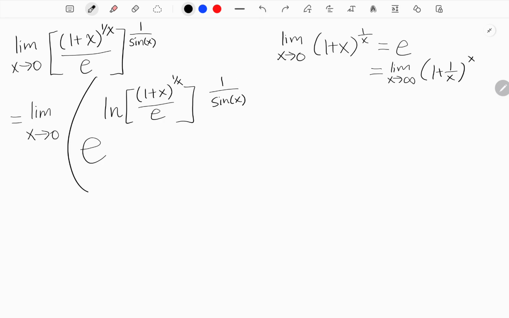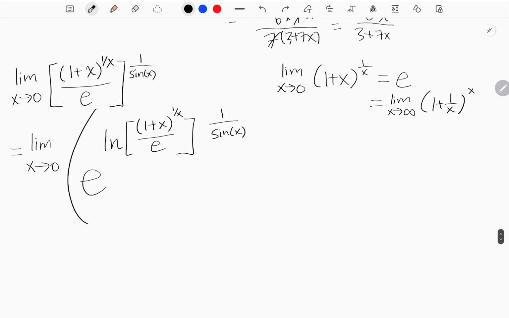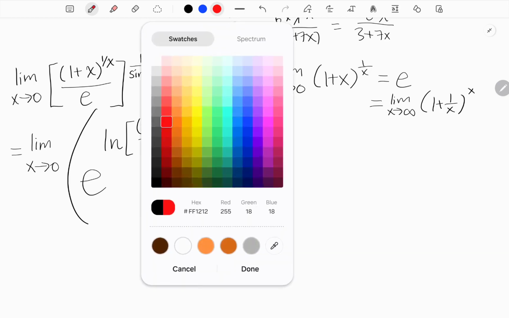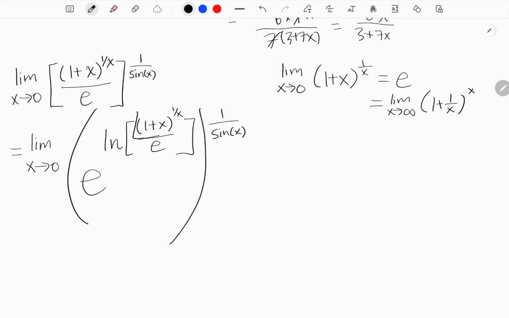Now in order for me to continue, you see right here that I could use log laws to break up this fraction.